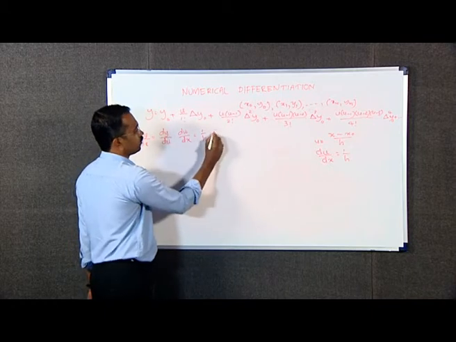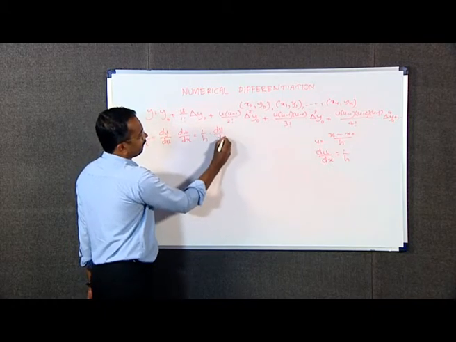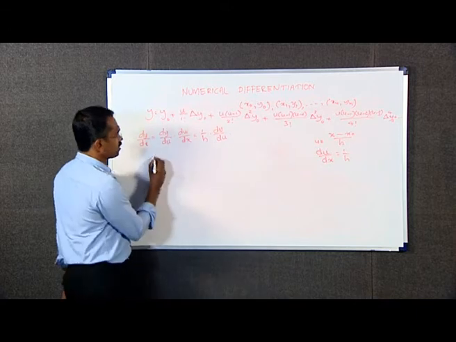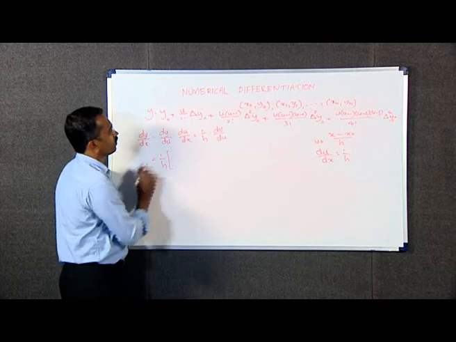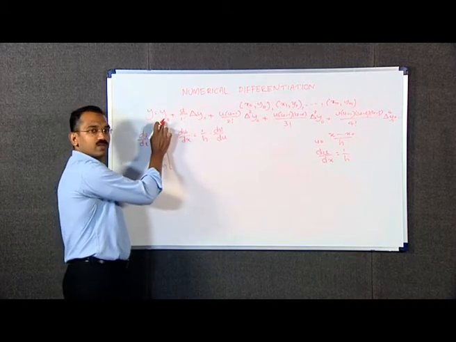That is equal to 1 by h into dy by du, which is equal to 1 by h into, y naught is a constant, therefore its derivative is 0.